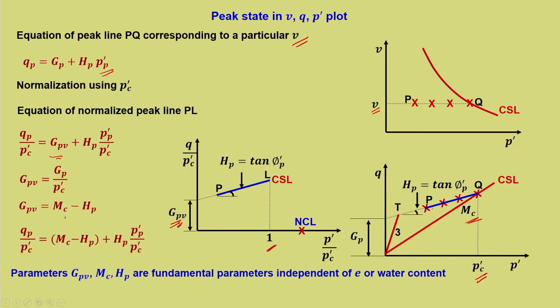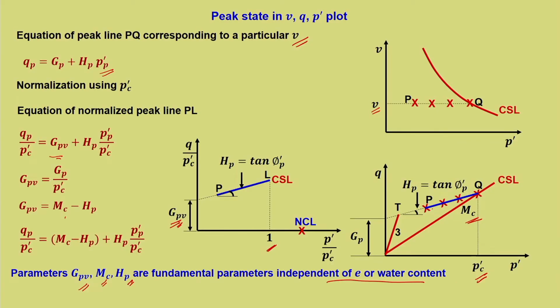As before, the parameters Gpv, that is the normalized parameter, Mc, Hp are fundamental parameters independent of e or w. It is a fundamental parameter only because it is not dependent on the initial state. It is independent of the state variable e or w.